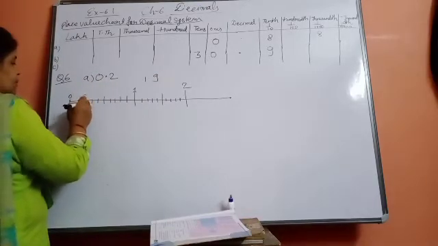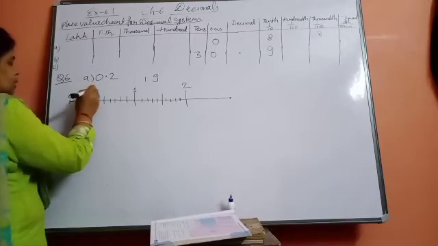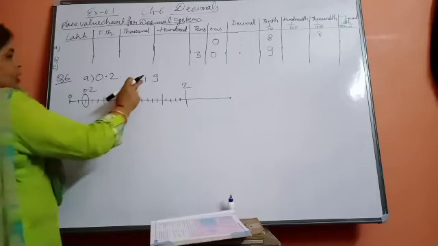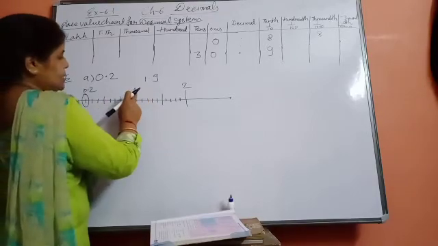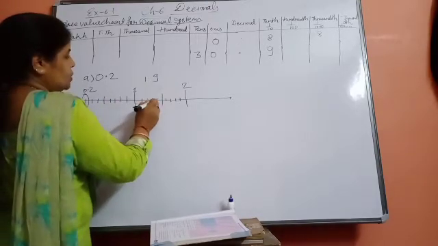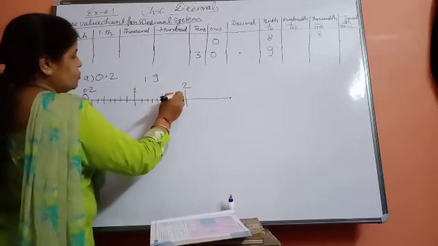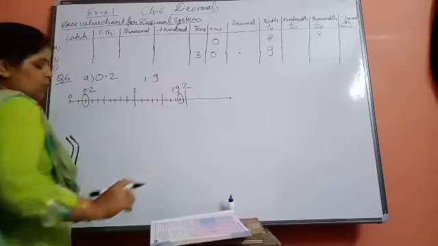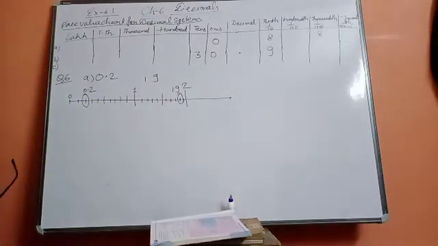So this line will represent the 0.2 value. Everybody is able to understand the scale. Now see 1.9. So 1 is complete here, and before 2, count 1, 2, 3, 4, 5, 6, 7, 8, 9. This line will represent 1.9. In this way the rest of the numbers you can show yourself.